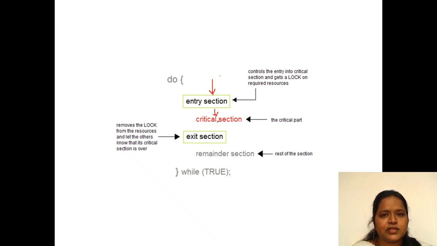Then after executing the code in the critical section, it has to go through the exit section. The remainder section is the code that is not placed in the critical section, which is placed in the remainder section in order to complete the task. This whole thing we call the critical section structure. So before executing the critical section, we have to execute the entry section, and after executing the critical section, we have to execute the exit section.